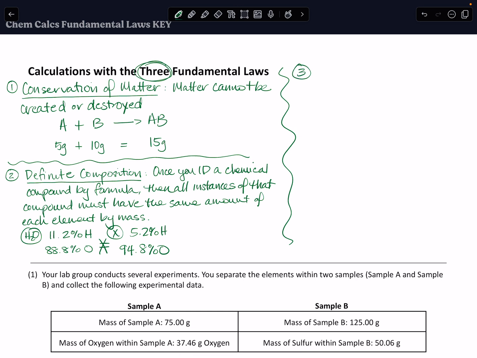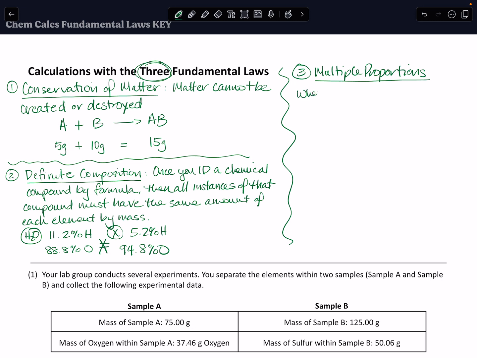All right, the last law is the law of multiple proportions. And the law of multiple proportions, in my opinion, is the most complicated mathematically. It's not difficult in terms of understanding.